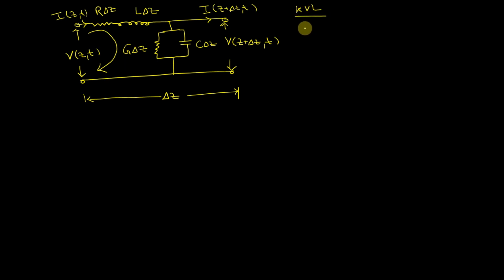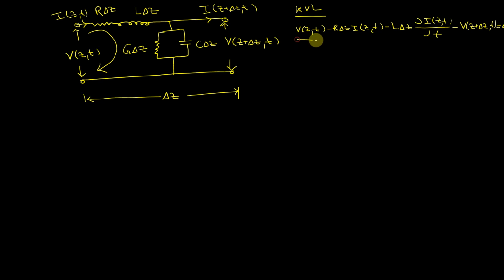Applying the KVL, you can write V(z,t) minus R delta Z into I(z,t) minus L delta Z into curl I(z,t) divided by curl T, minus V(z+delta z, t) is equal to 0.